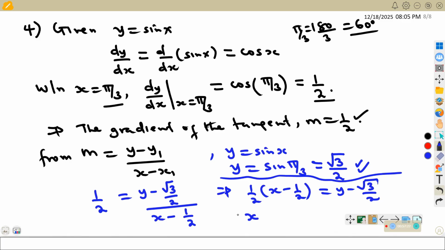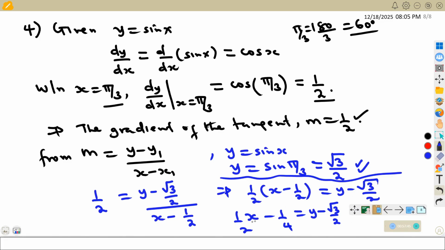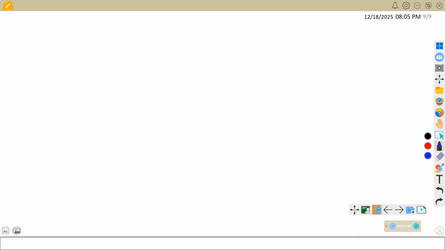Or else you can simply have this as a half of x minus 1 over 4, which is equal to y minus root 3 over 2. So multiply through by 4, make life easier.